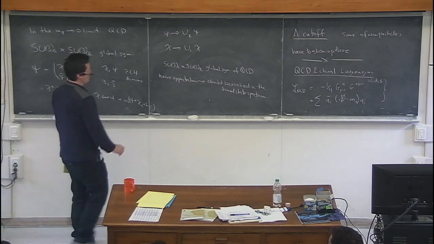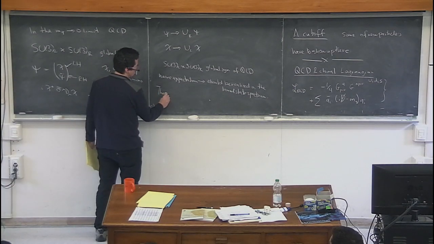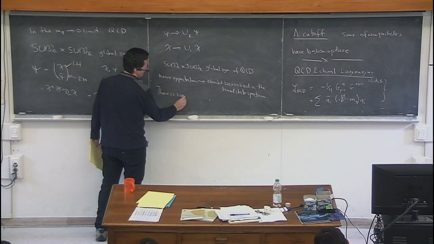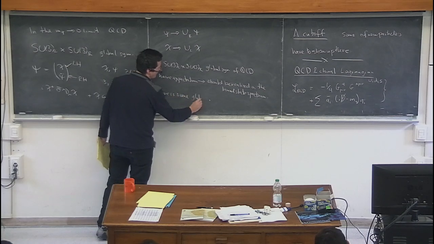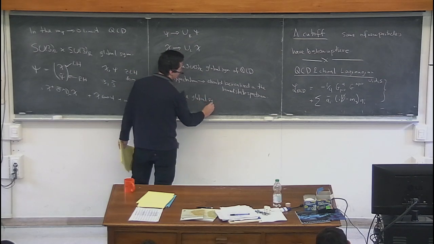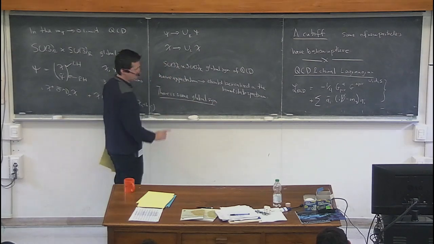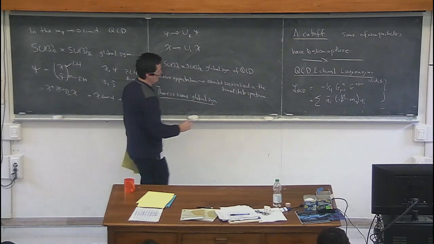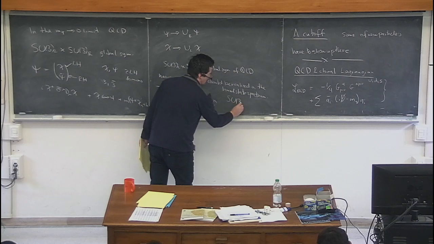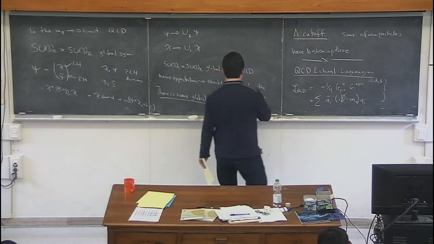So there is some global symmetry of the bound states, but it's only a single SU3. So there's no doubling. So SU3 of Gell-Mann.